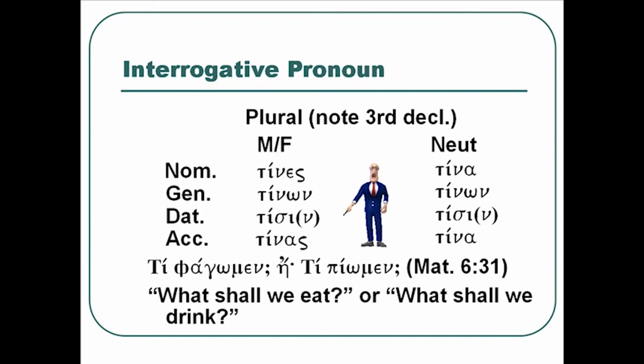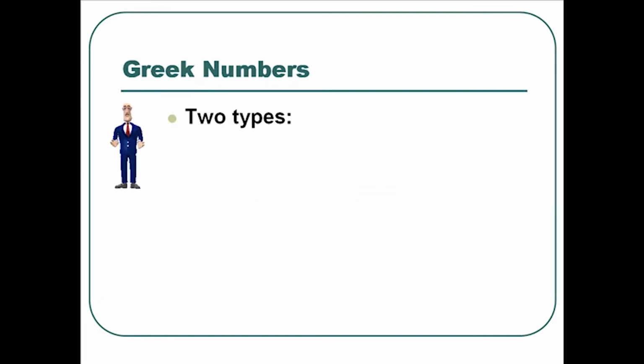The nu got dropped out, and it's what shall we drink, using the subjunctive mood there. So you see in both cases the ti takes the accent, so we know it's not an indefinite pronoun, someone eats or someone drinks.